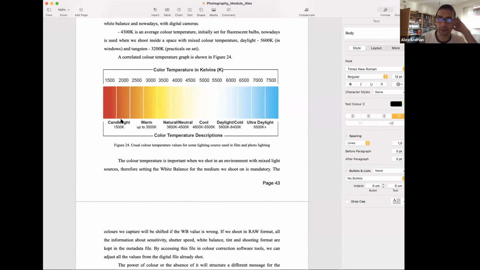You can see it here as values of color temperature during the day, or not only the day. We start on this value, which is the sunrise or sunset, and go up to the ultra daylight, which is the value of the sky itself reflected on the scene. So in between those values, which start with candlelight or any flame, if it is a match or candle, we start from 1500 and go up to 6500 plus.